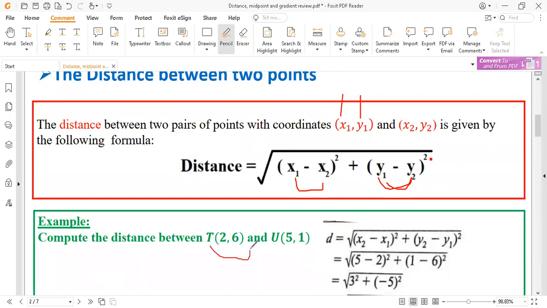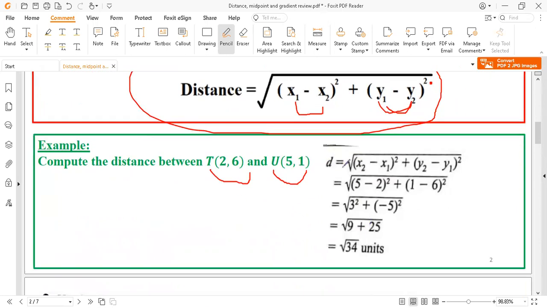If we have the coordinates of 2 points, we apply this formula, as we see here. So d equals this long square root of (x2 minus x1) squared plus (y2 minus y1) squared.